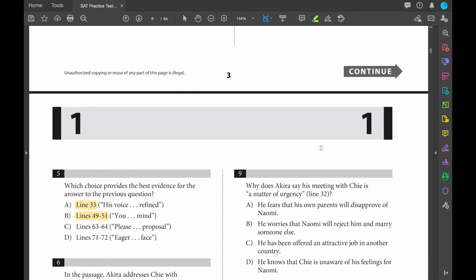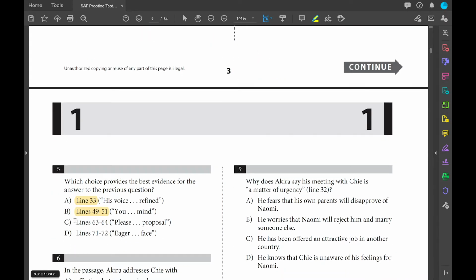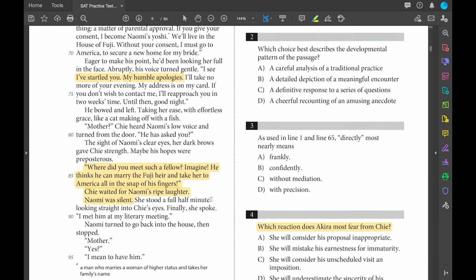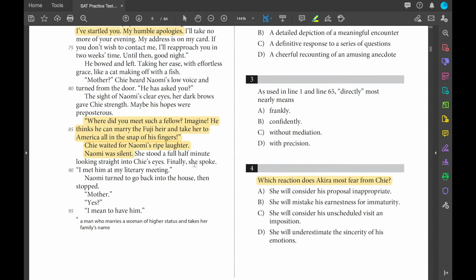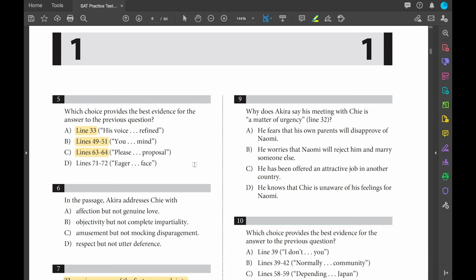All right. So then 63 to 64. So this is Akira speaking. Please don't judge my candidacy by the unseemliness of this proposal. Okay. So looking at here, starts with please, ends with proposal.